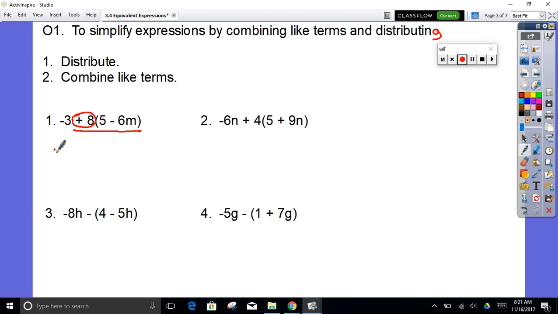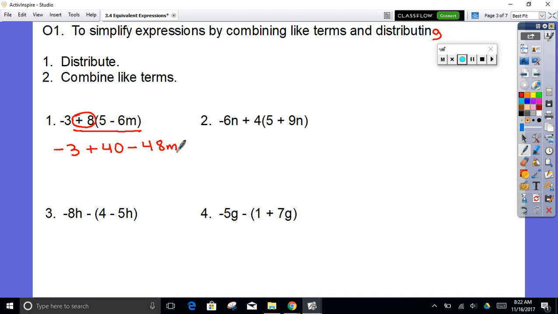You're going to bring down the negative 3. 8 times 5 is 40, so you write plus 40. 8 times negative 6 is negative 48m, so you write minus 48. And I'd really like you to get away from the plus negative and just write minus 48. You should be comfortable switching back and forth between the two.